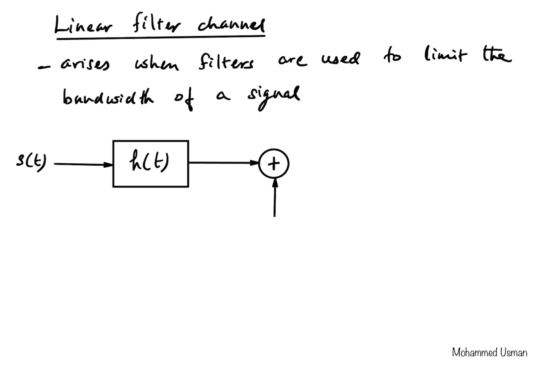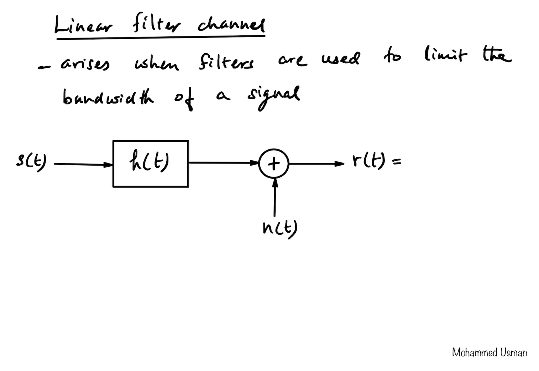We make an arrow here for the noise component, n of t, and then we get at the output the result of the channel, which is the received signal, which we denote as r of t. So the output of the linear filter is going to be the convolution of the input and its impulse response, s of t convolved with h of t.